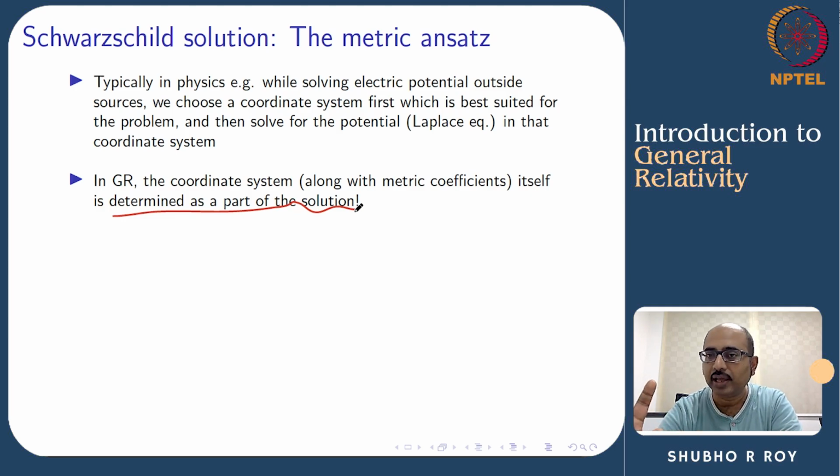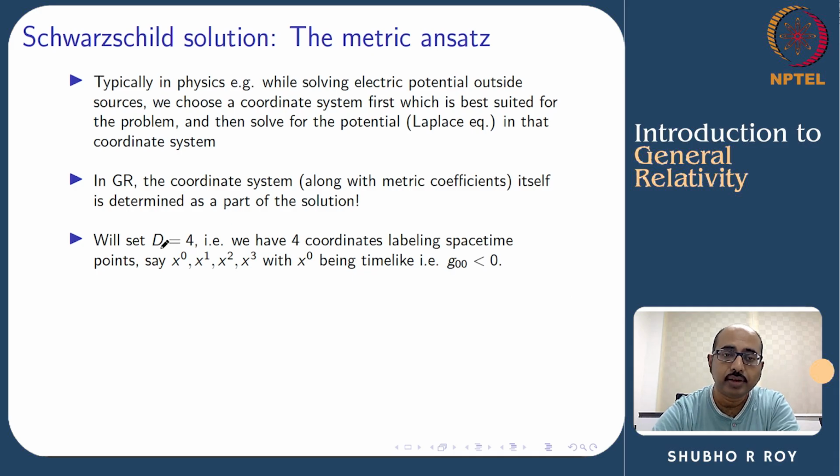This is completely unlike any other branch of physics, where you're free to choose a coordinate system at your will that is unrelated to the variable you're solving. For example, the electric potential which you're solving, the choice of the coordinate system is unrelated. In case of general relativity, you determine the coordinate system and the metric coefficients, which represent the various gravitational potentials in that coordinate system, together. Okay, they go hand in hand.